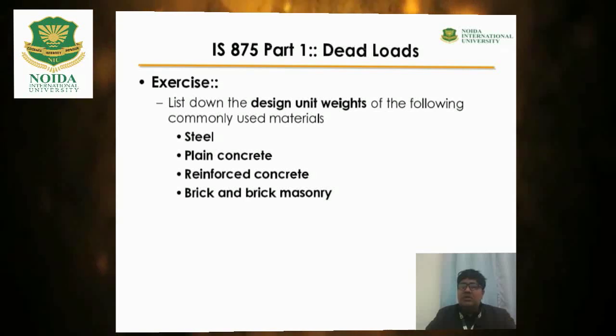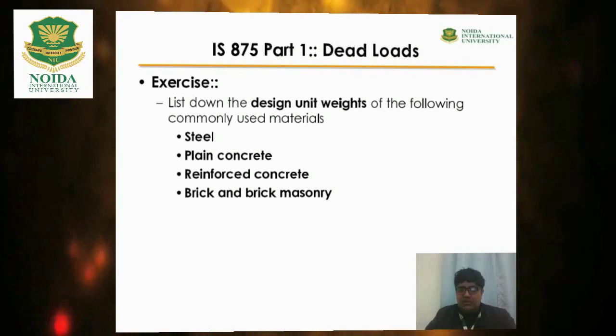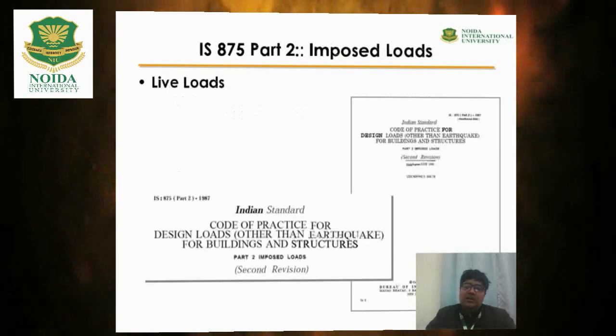These are the most common materials used for the construction of any structure. So we can clearly calculate the dead loads of the structures, and we can analyze the structure after combining these particular loads. First we have discussed these dead loads.